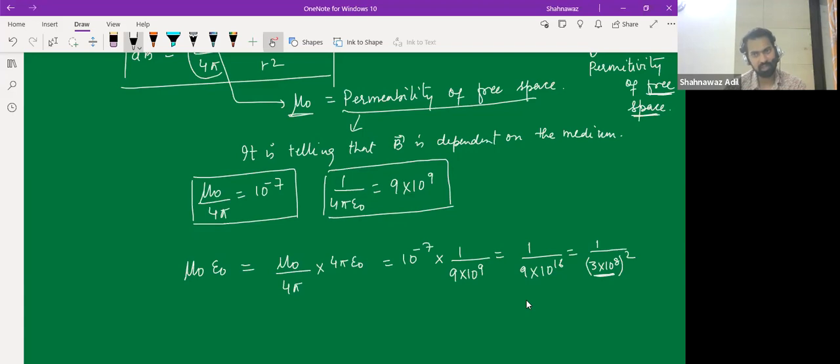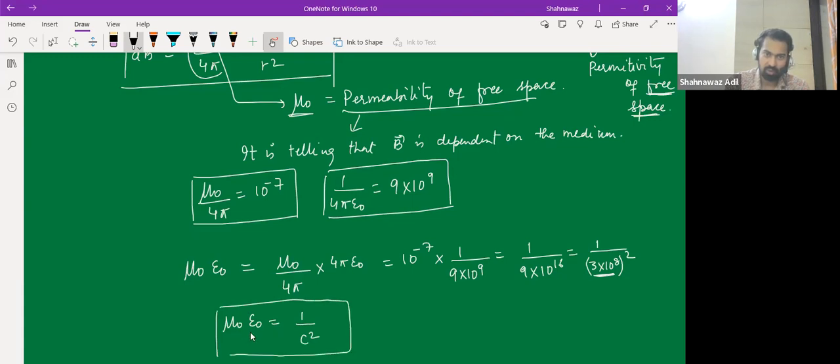Let me write, 3 into 10 to the power 8 meter per second. What is this? Speed of light. Absolutely correct. So you see that mu naught epsilon naught is 1 by c square. So mu naught is the property of what?